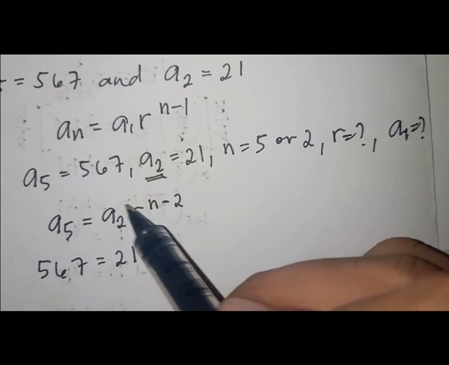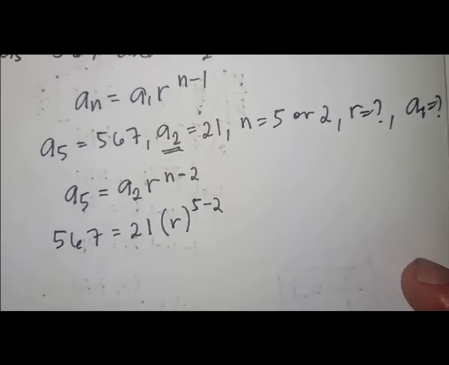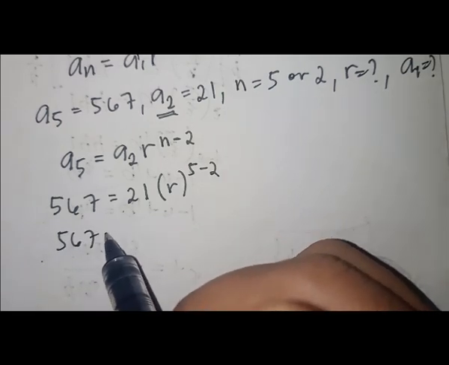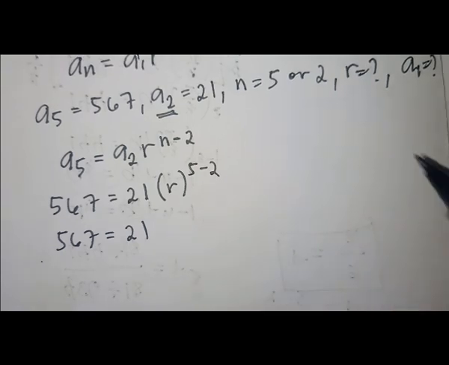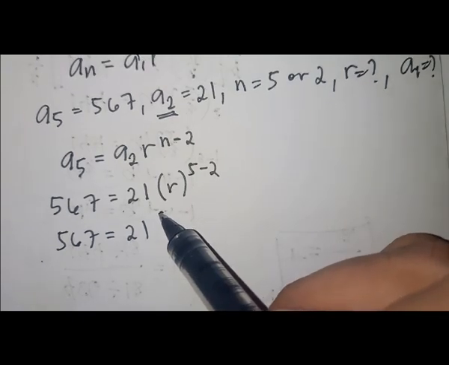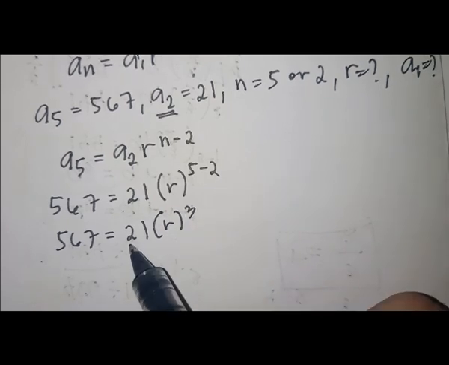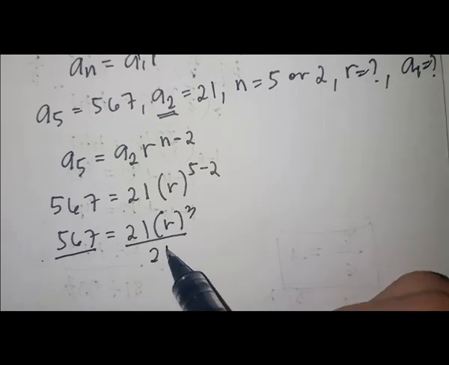Ang n natin na ginamit ay 5 minus 2. Okay, so meron tayong 567 equals 21 times r cube.